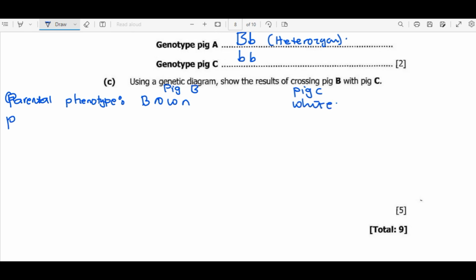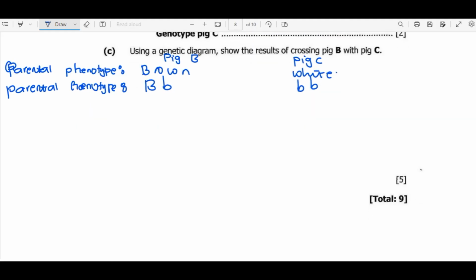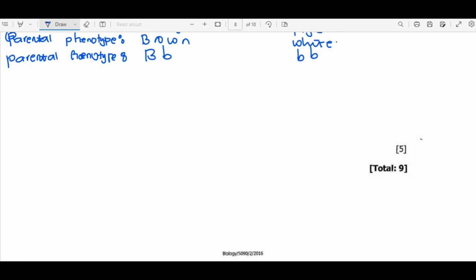Then we move on to parental genotype. Here we have said this. Then here it's this. Then parental gametes, we separate.